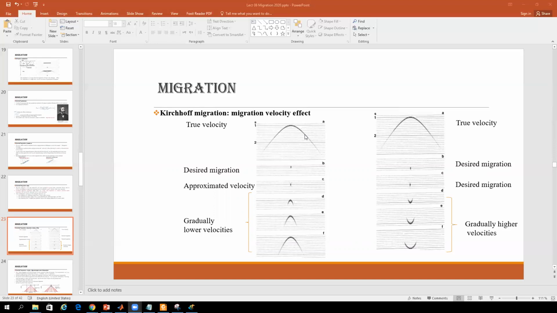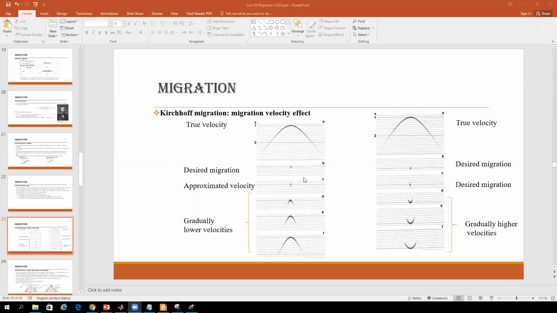In the NMO correction, we have seen that if we have larger or lower velocity than the appropriate velocity, we will end up with curving up or curving down. So here it's the same thing in the migration. If we have lower velocity than the appropriate velocity, we will have curving down of the event.